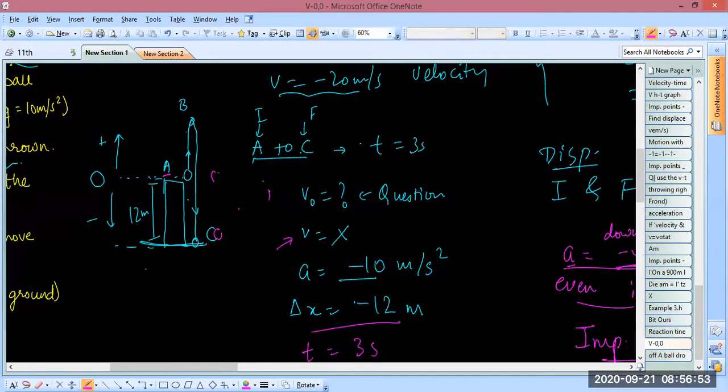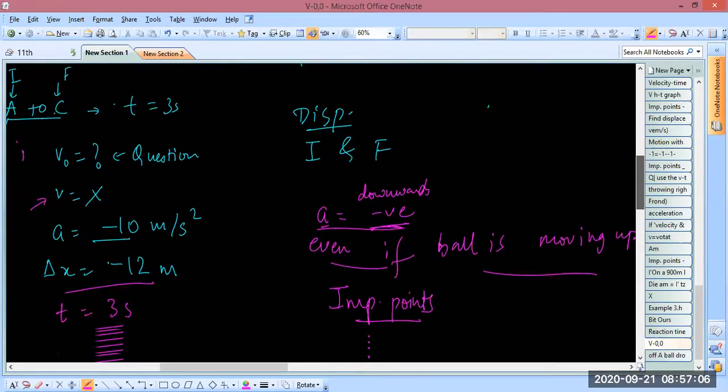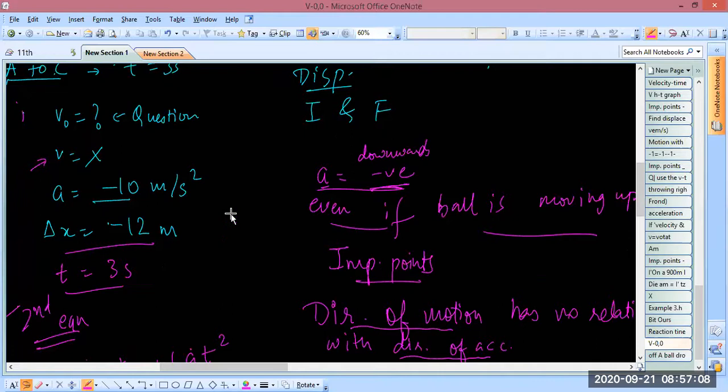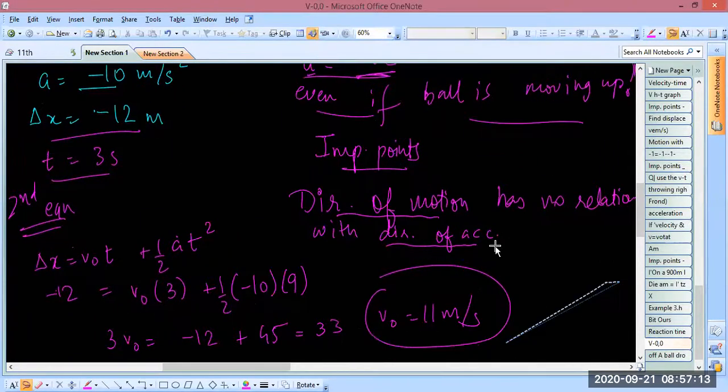It makes it so easy to talk about it. I just have to say find speed at C, and we can understand. Clear? So please follow the good practices of drawing diagrams. I'm just going to erase all this.